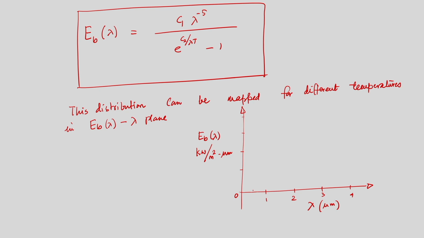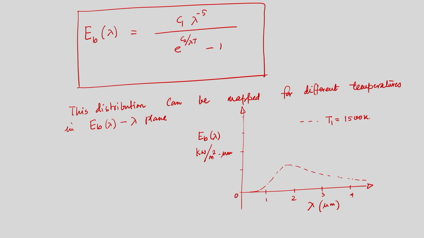So, we will see that this dashed line is for temperature T1, which is equal to 1500 Kelvin.